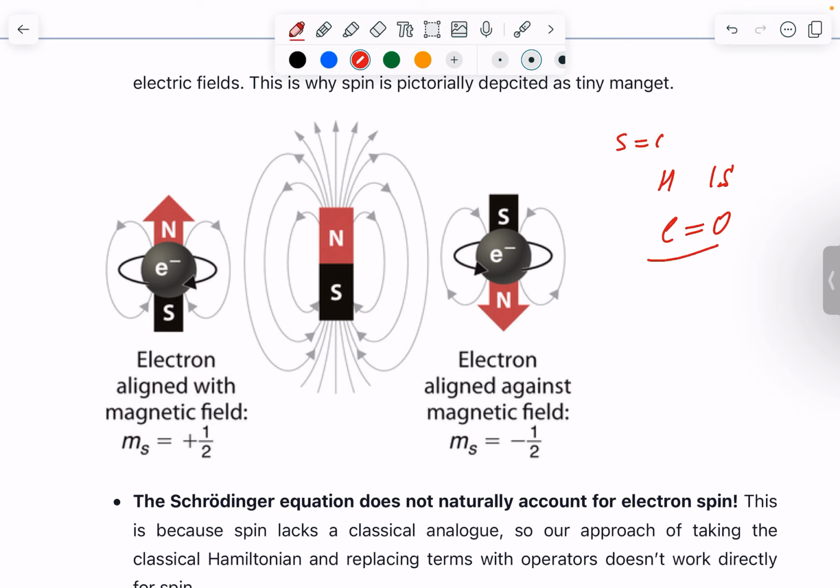And the funny thing about this is that there is no classical analog. The spin is purely quantum mechanical, and there is nothing more fundamental to derive the spin from. So basically, the way we acknowledge the mass and the charge of the electron, we just have to come to terms that these subatomic particles are also characterized by spin values.